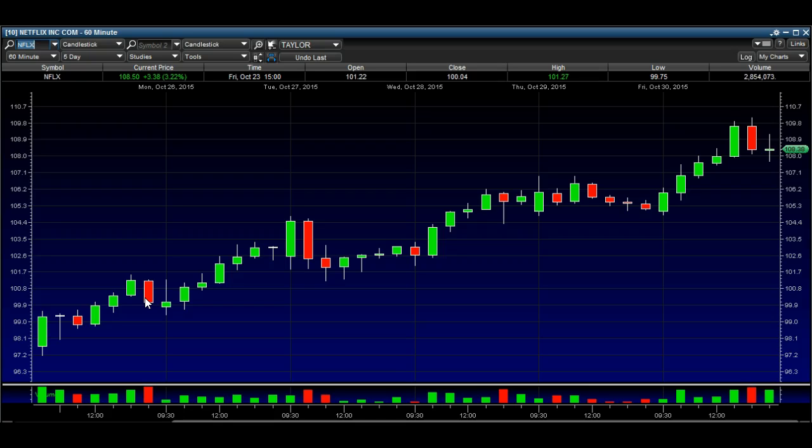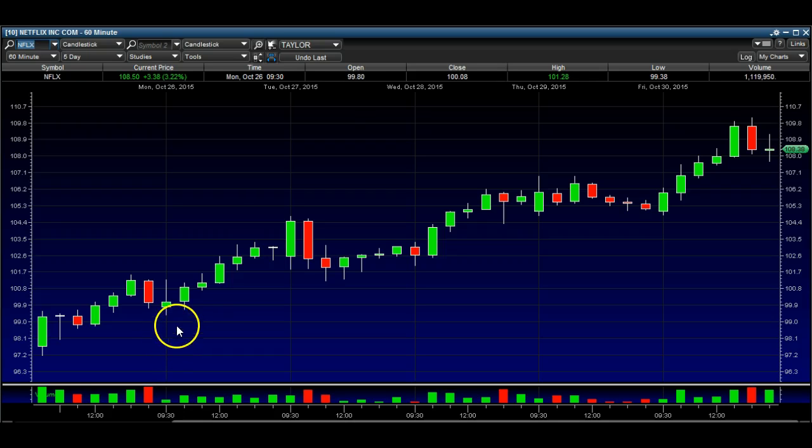One thing I do want to note is that when you're using a shorter time frame chart, like a 1-minute chart, that trend line is going to be valid for a lot less time. So a break of a trend line on a 1-minute chart is a lot less significant than on a daily chart. You should be aware of that.